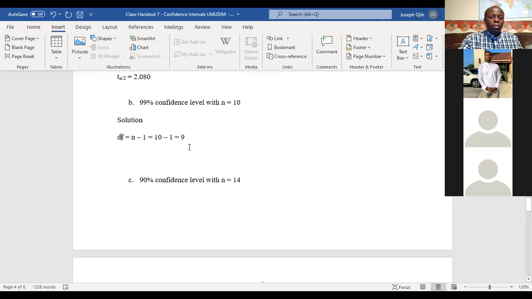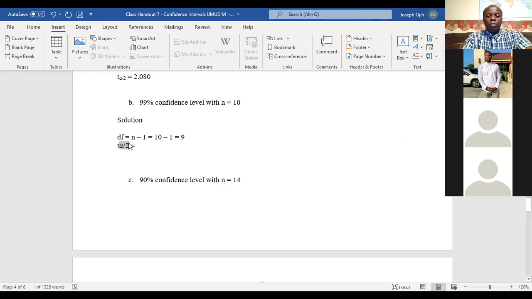So we have the confidence interval, I'm sorry, the critical value becomes t alpha over 2 equals this here.